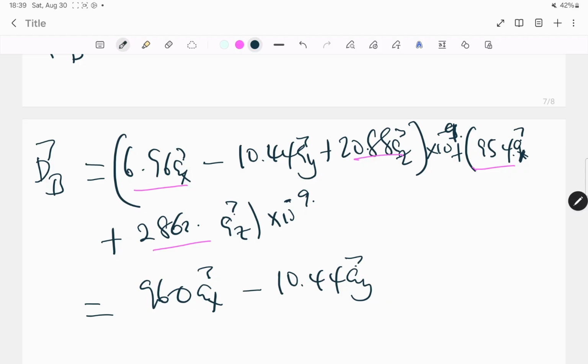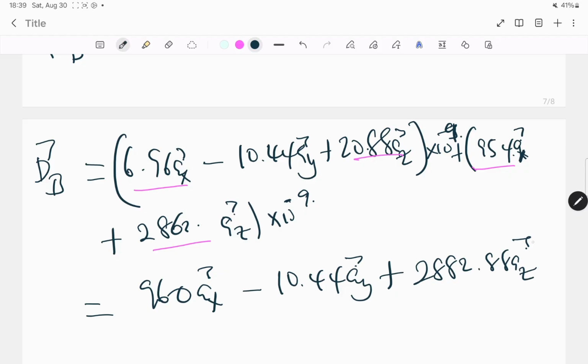Okay. Then here will now be 20.88 plus 2862, 288 along the axis.